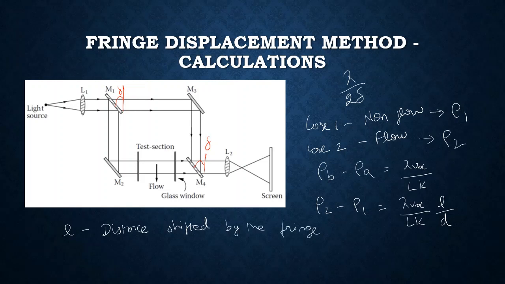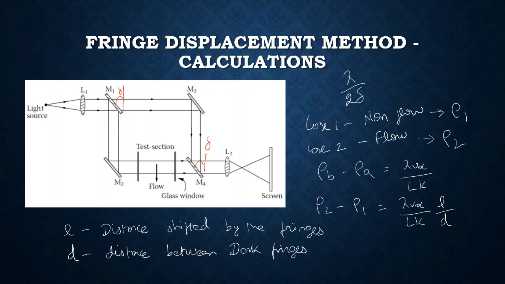If you are considering a dark fringe, that particular dark fringe has been shifted when flow occurs. When flow occurs, the distance of the fringe is getting shifted. So how much distance is getting shifted? That is L here. And then D. D is the distance between dark fringes.